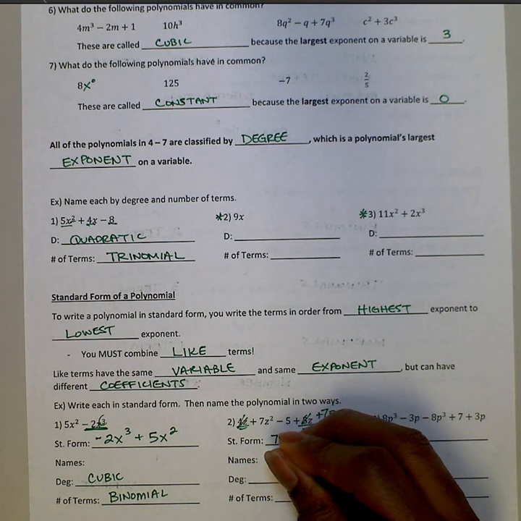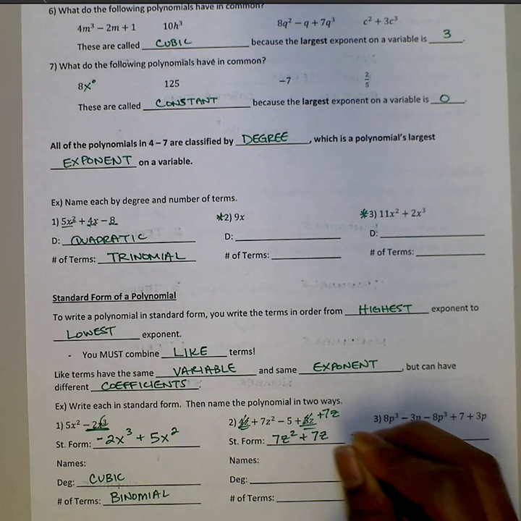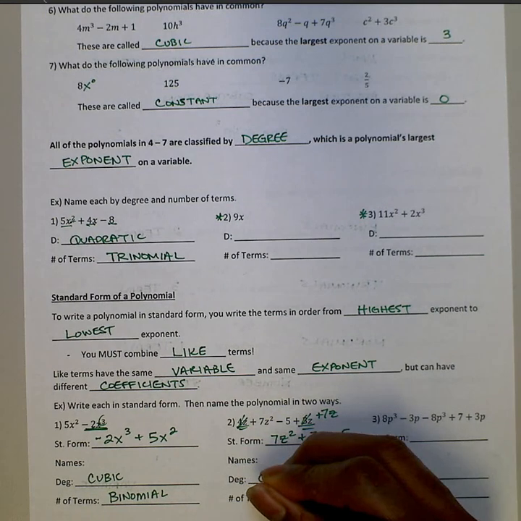7z squared, down to the next greatest, 7z, down to the next, minus 5. And now as we name this, our highest exponent is 2, so we'll call it a quadratic.